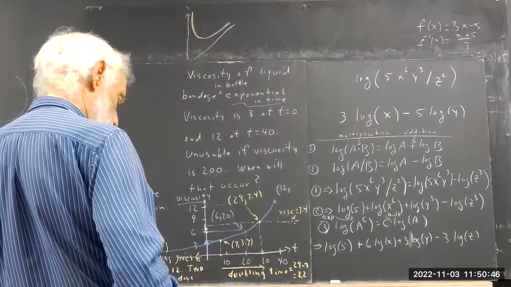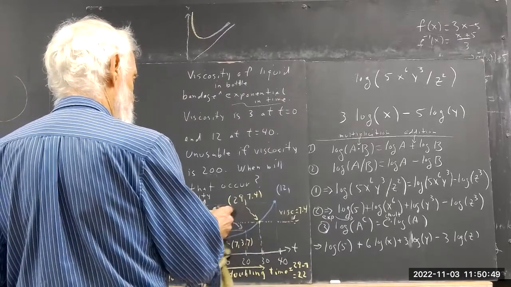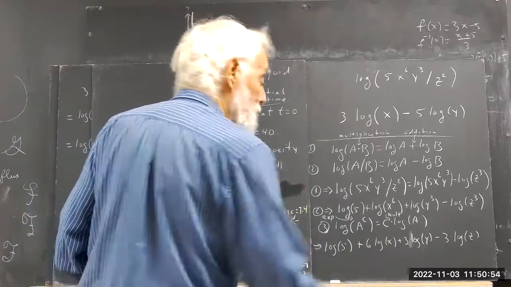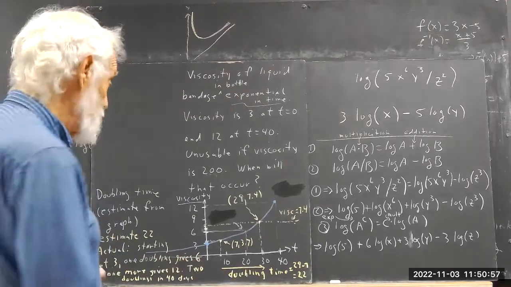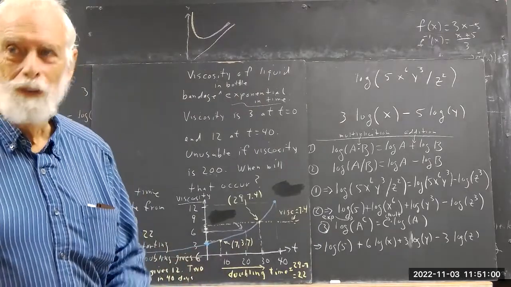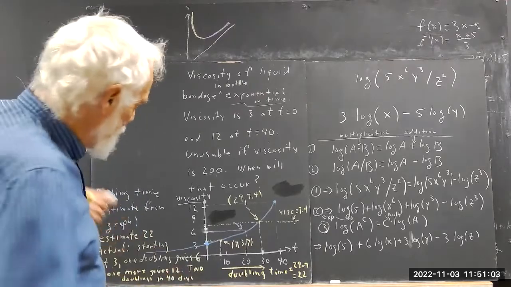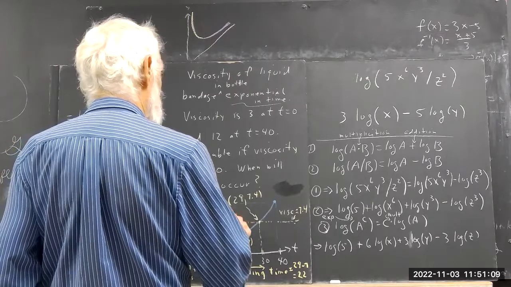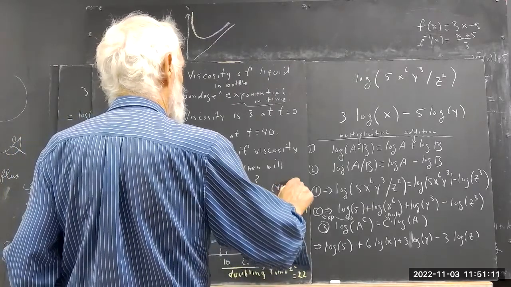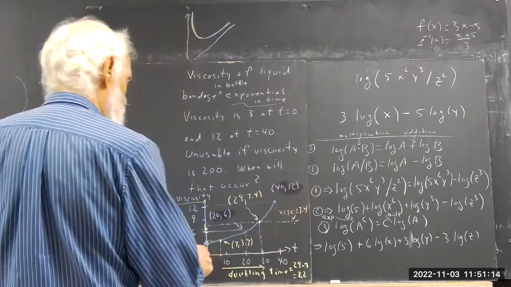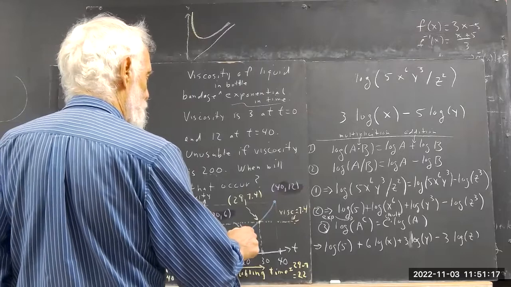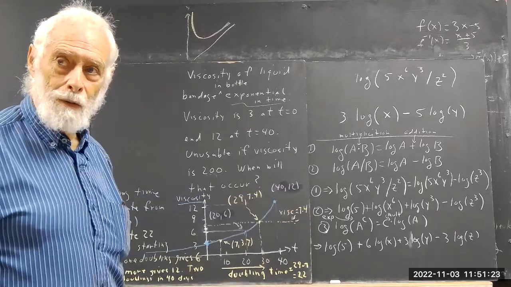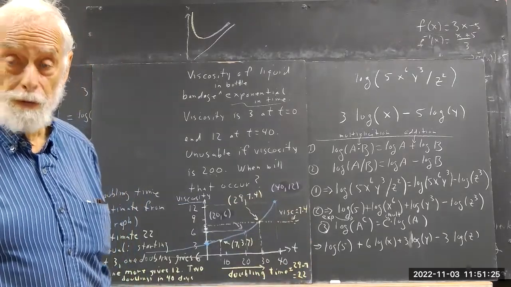I'm not dyslexic, but I do write things down backwards when I write coordinates sometimes. Whatever coordinate I'm thinking of first is the one I write first. Many times I don't think about what I'm doing. So it's 26, and 40, 12. Again, from here, we're at 3, we double, then we double again. And each doubling requires 20 units of time, 20 days it looks like.